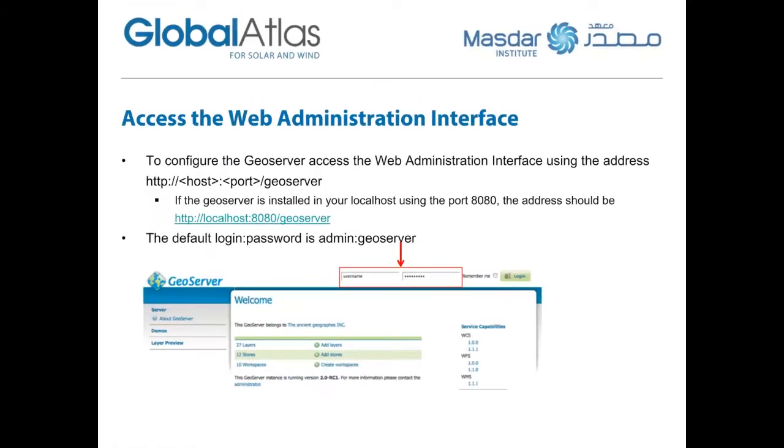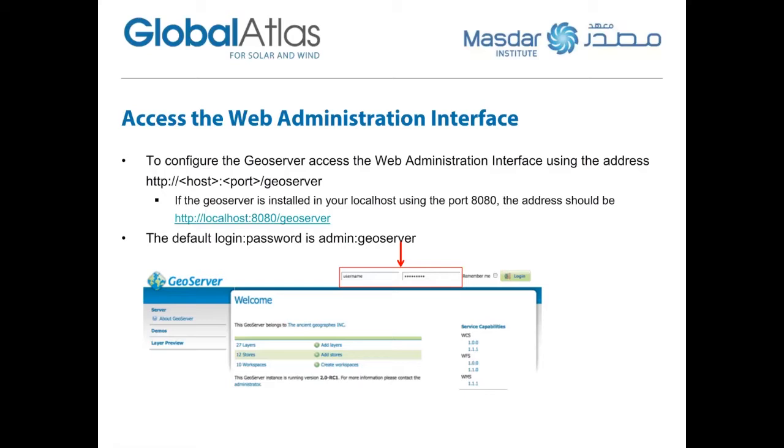After installing the Geoserver, you need to configure it. This is done through the web administration interface. So, access the web administration interface using the address http://host:port/geoserver.